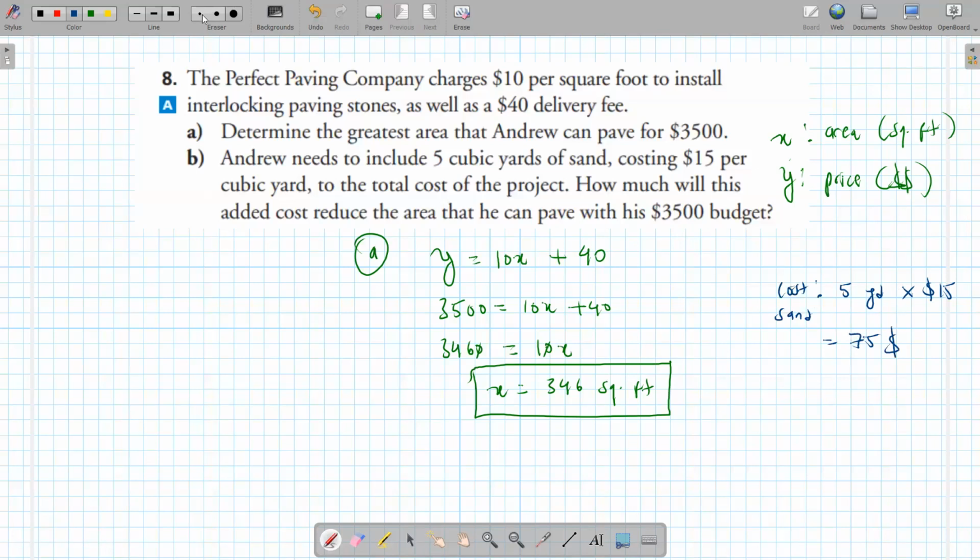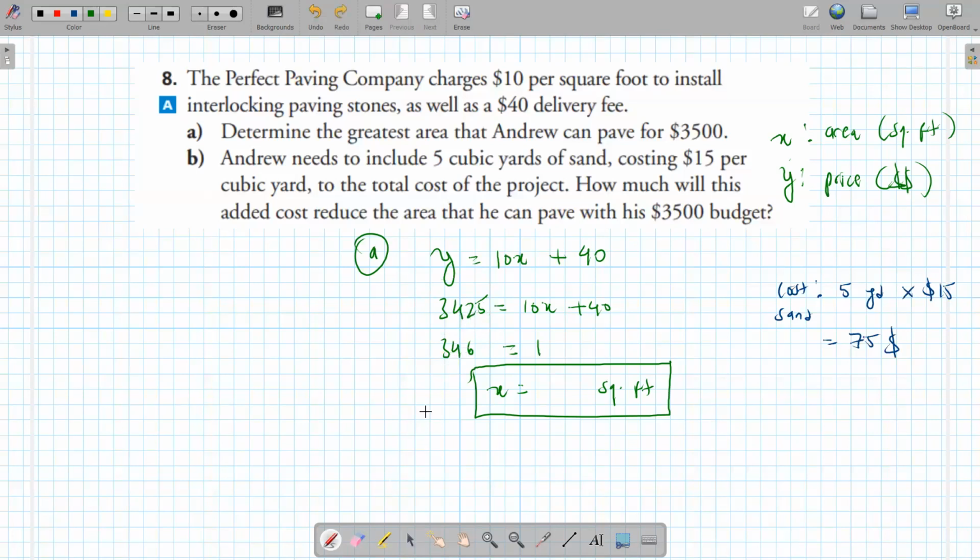So what's going to change here is this. This will be 3,500 minus 75, which is 3,425. Okay, so that's the only thing that changes. Now the budget he has for the paving is going to be 3,475. Sorry, 3,425.